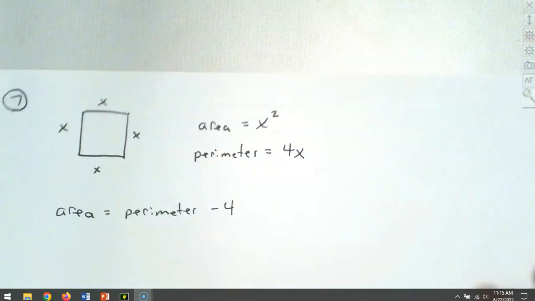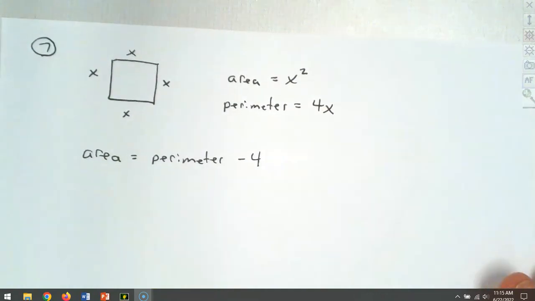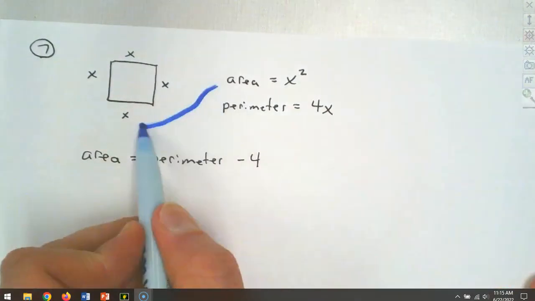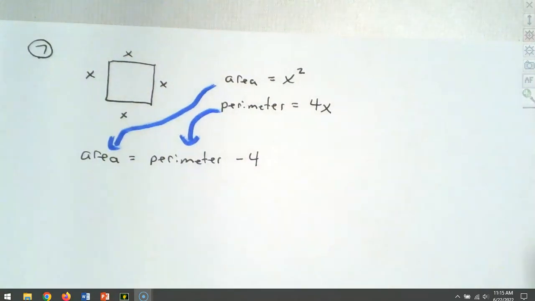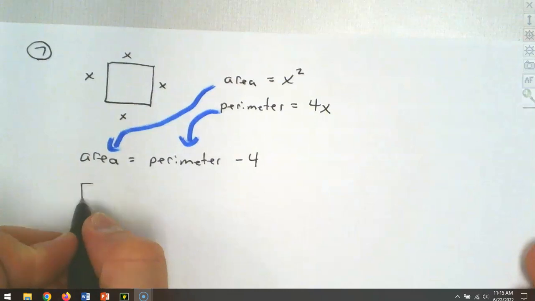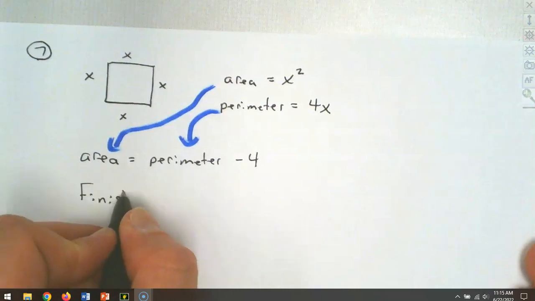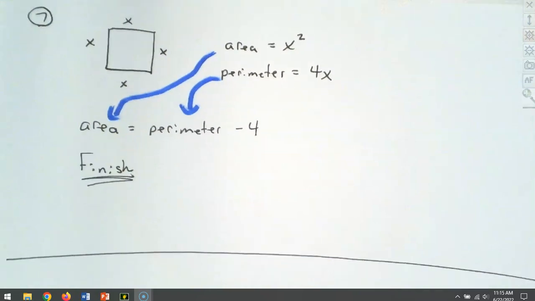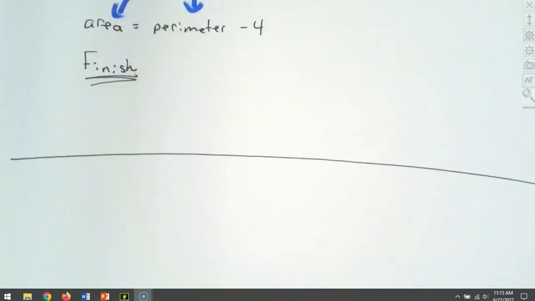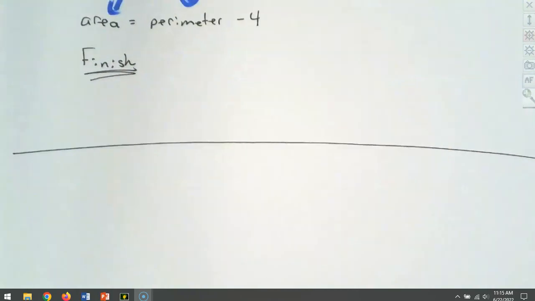And you can finish it from here because you're just going to simply plug these in. That gets you a good start. Okay, so you're going to try to finish that one from there.